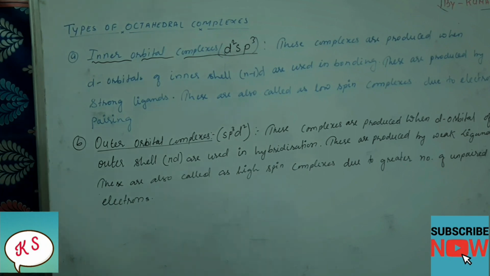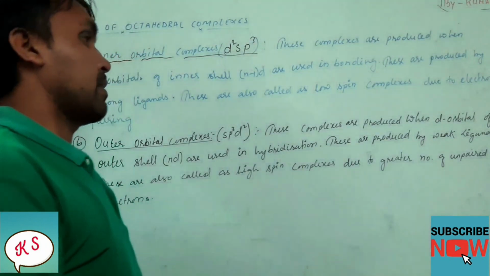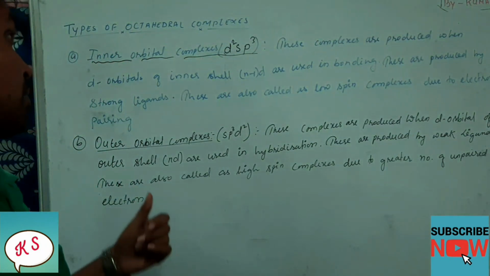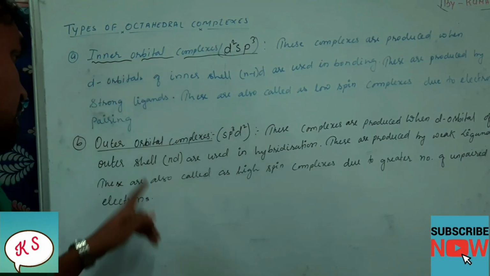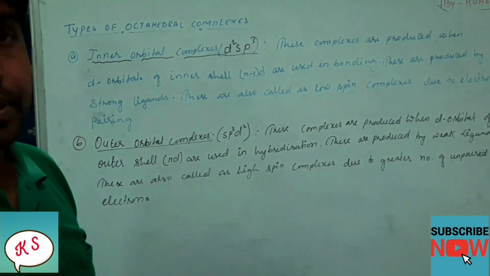Now we are going to study types of octahedral complexes. There are two types of octahedral complexes: one is inner orbital complexes and the other is outer orbital complexes.